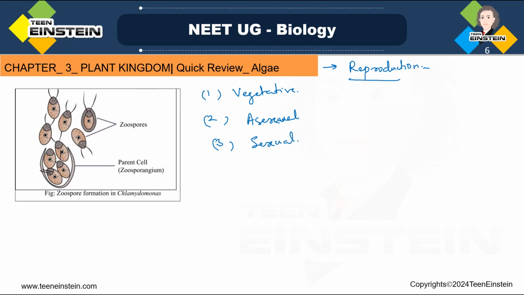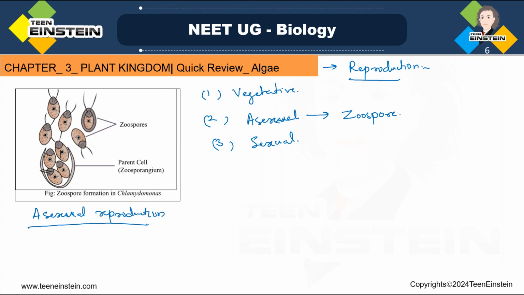In asexual reproduction, here you can see zoospores. Asexual reproduction is by zoospores. Zoospore formation is done during asexual reproduction in favorable condition. So let me write it separately about asexual reproduction in algae.